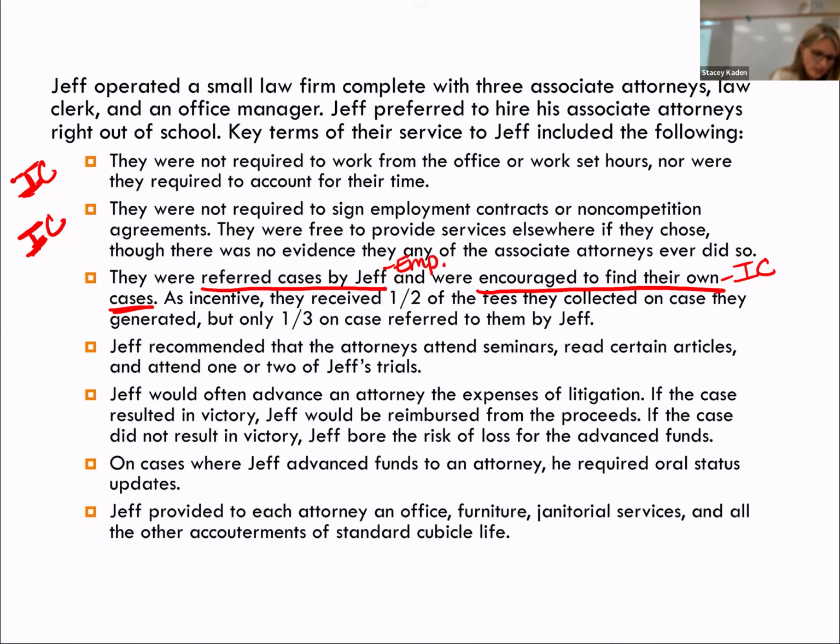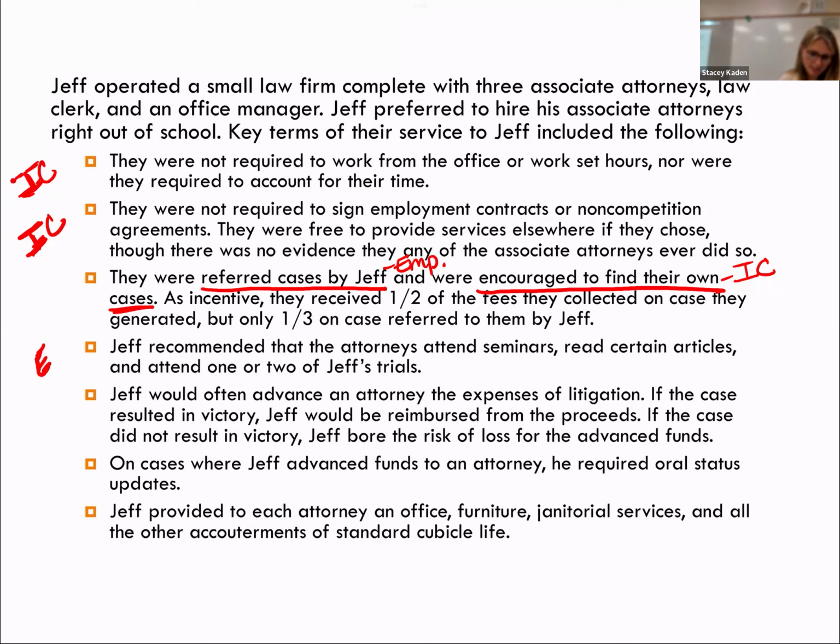Jeff recommended that the attorneys attend seminars, read certain articles, and attend one or two of his trials. Employee. He's dictating or trying to dictate what they should do. Jeff would often advance an attorney the expenses of litigation. If the case resulted in victory, Jeff would be reimbursed.